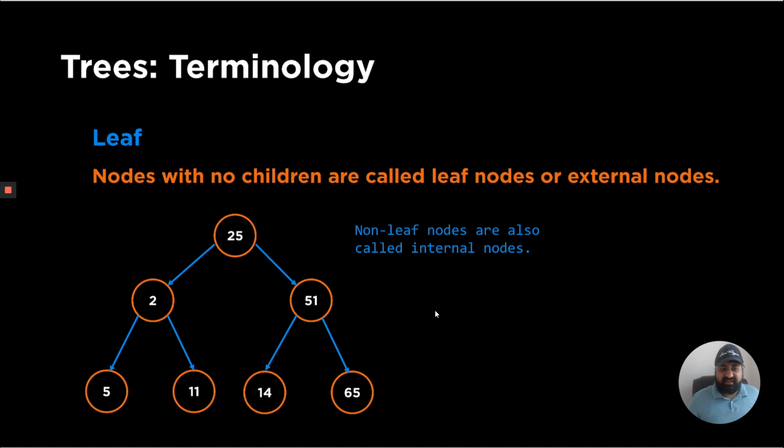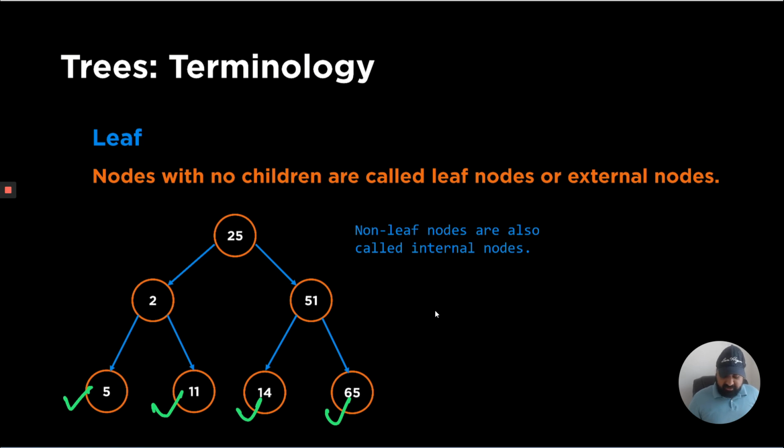The next one is leaf. Nodes with no children are called leaf nodes or external nodes. In this example, 5, 11, 14, and 65 are leaf nodes because they do not have any children.